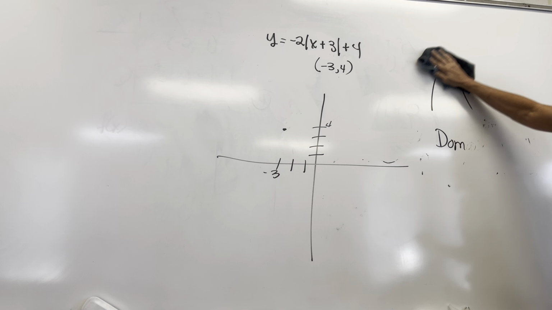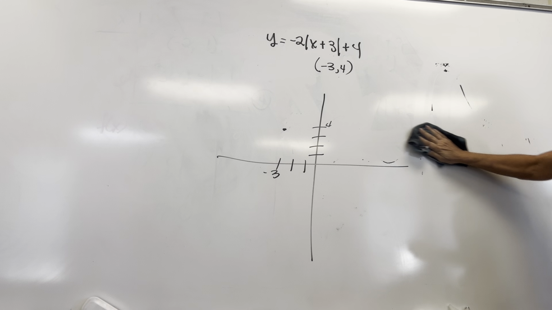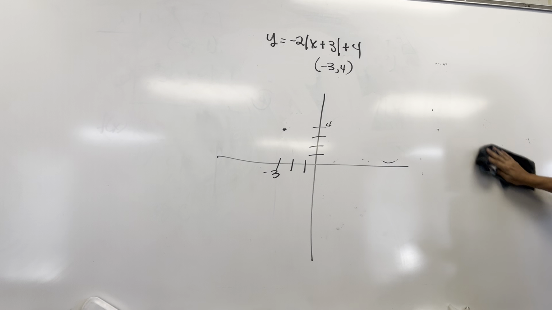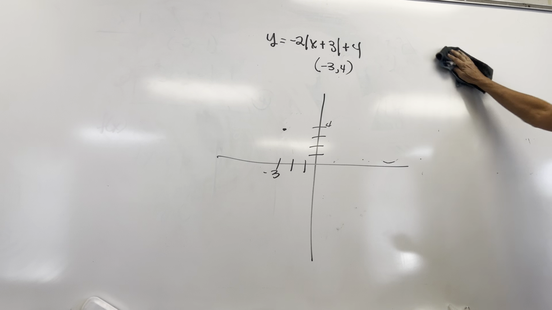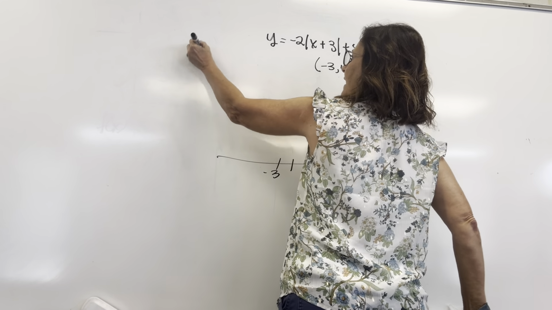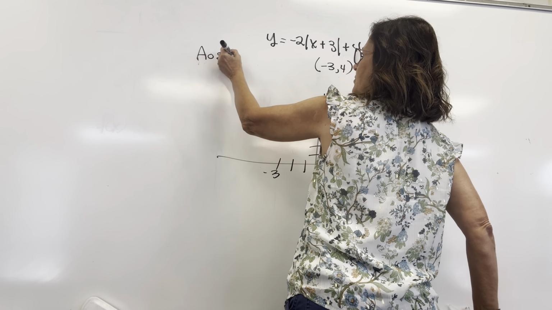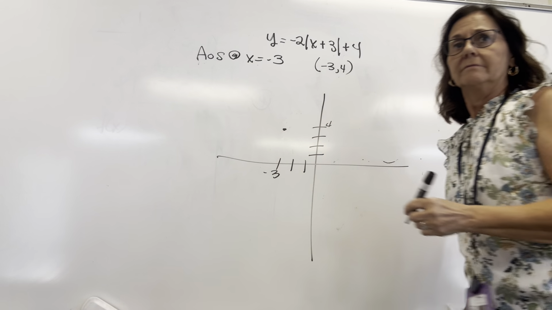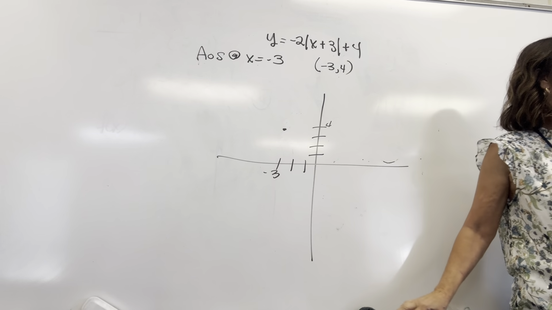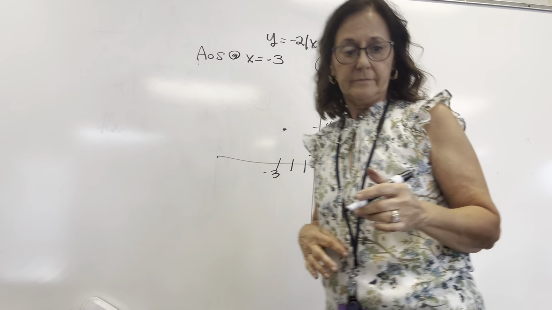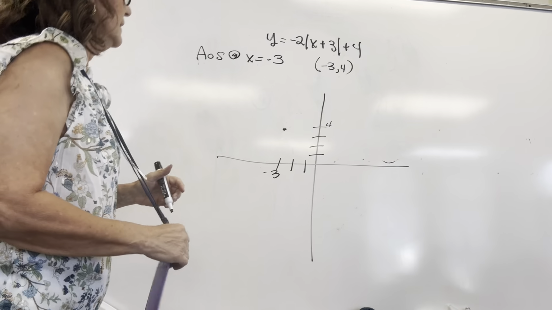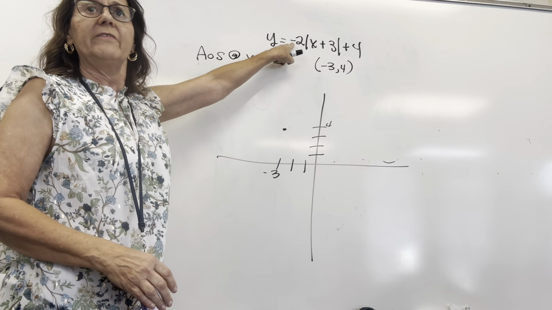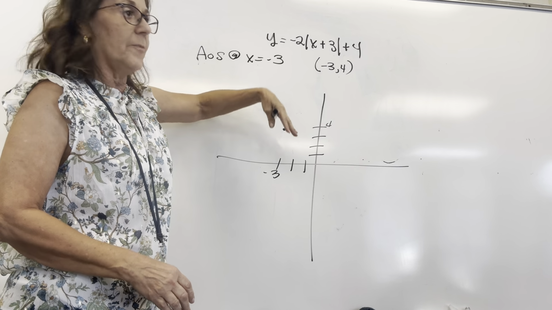So where's my axis of symmetry? At the vertex. There's an axis of symmetry at x equals negative 3. Always at the x coordinate. All right, because there's a negative, it opens down.